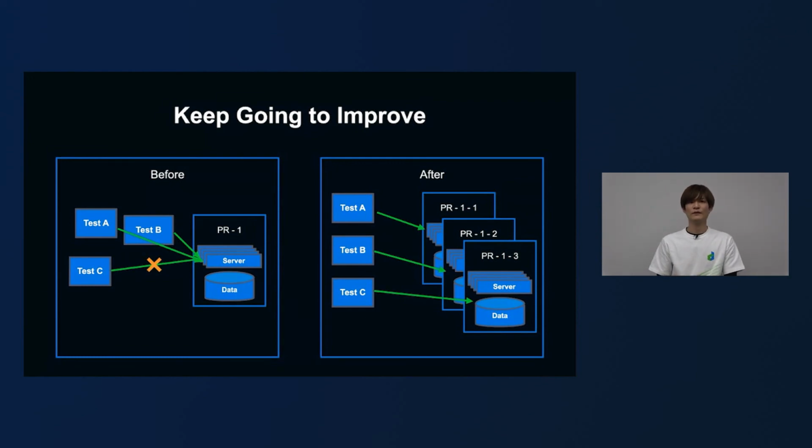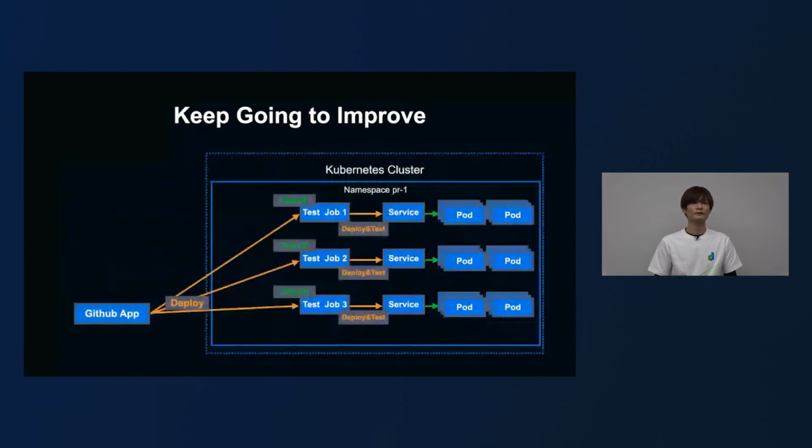So the ideal situation would be the one-to-one relationship on the right-hand side of this slide. One test case corresponding to one set of services. For example, A to PR1-1 and B equals PR1-2.